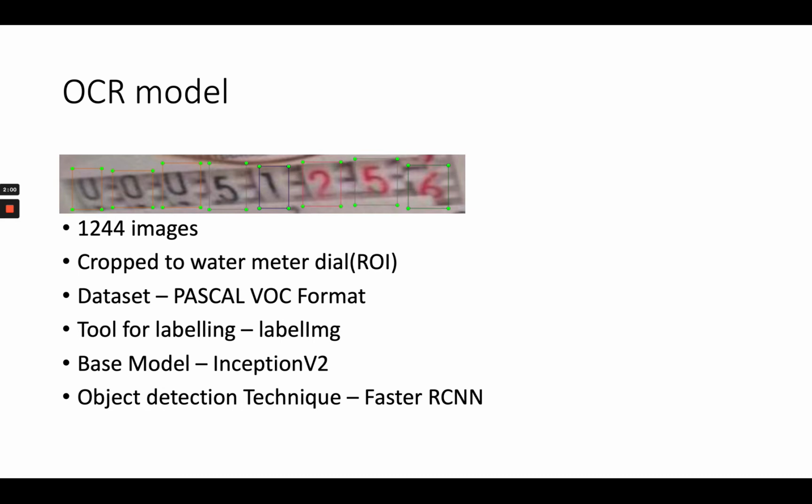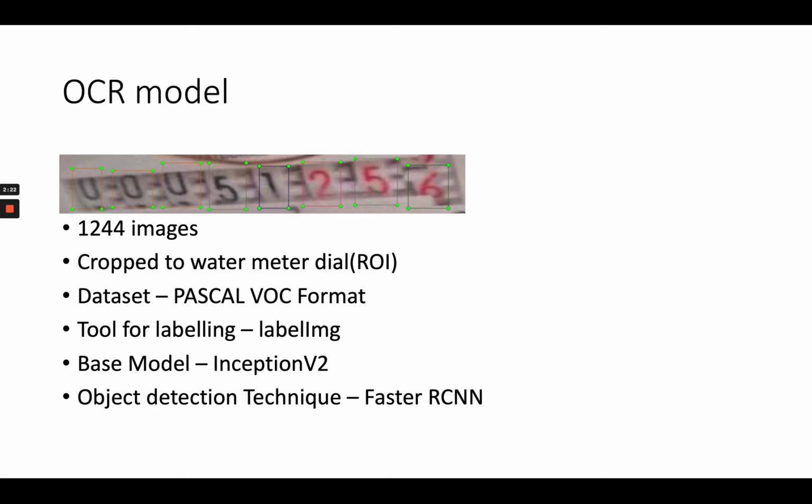But these models are specifically trained to read papers, handwritten digits, even license plate recognition, but not exactly to read the glassy digits in the water meter. So this OCR model is trained from scratch.